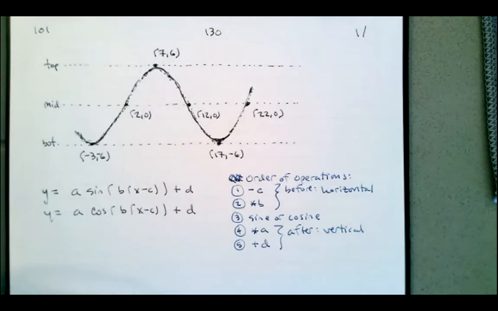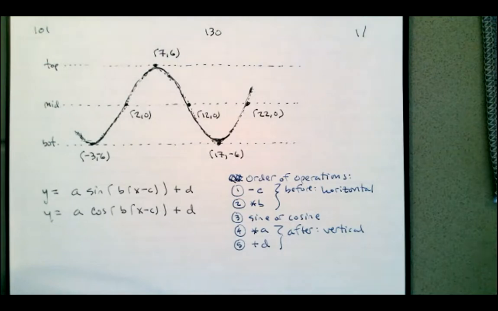So we know that addition produces a shift and multiplication produces a squish or a stretch. So multiplication before is a horizontal stretch or compression, so that's going to change the period. Addition and subtraction before the trig function is going to be a horizontal shift. Multiplication after is going to adjust the amplitude, and addition after will adjust the vertical shift.